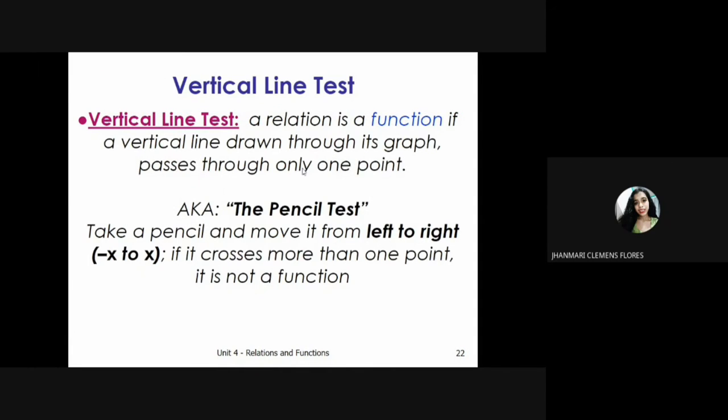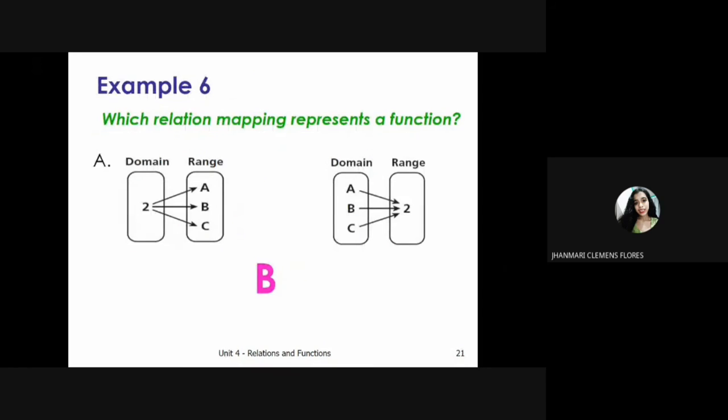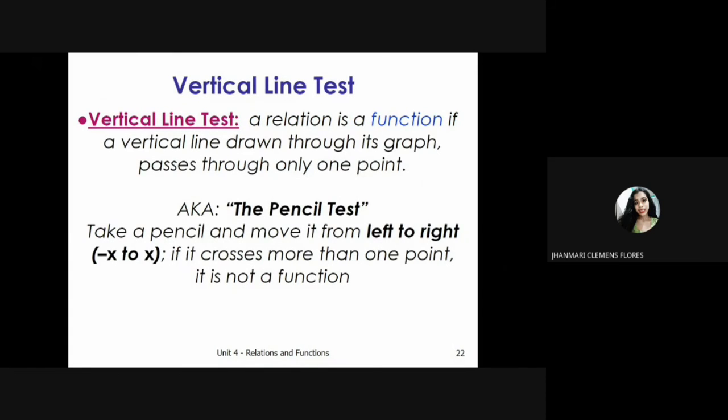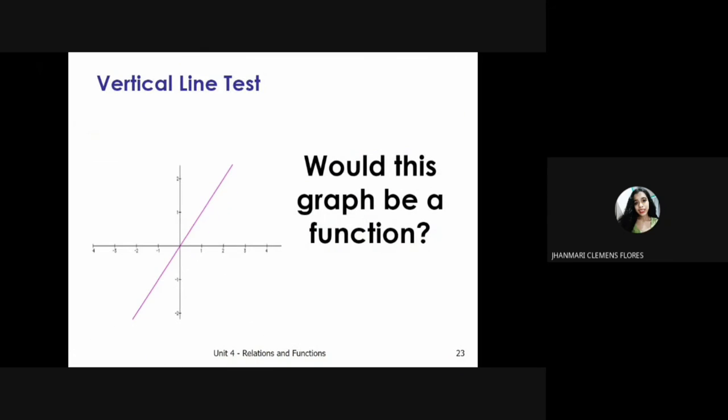We can also identify a function through a vertical line test. And again, the ordered pairs are very important because we are able to use them here and we are able to plot points. So this is how you're going to apply it. Okay, would this graph be a function?